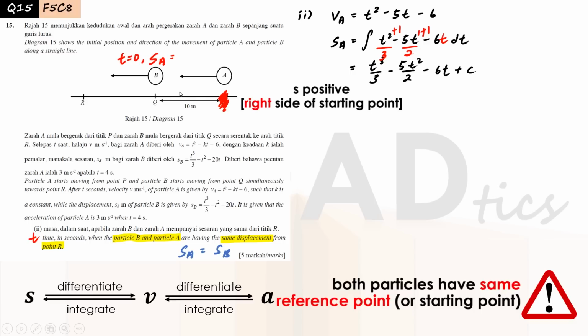Okay, and the distance by how much? It's 10 meters. So when t equals 0, S of A is equal to 10. So why are we doing this again? It is because we want to have just one reference point to determine the location of these two particles.